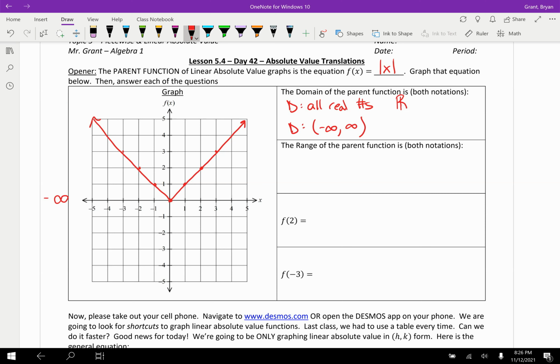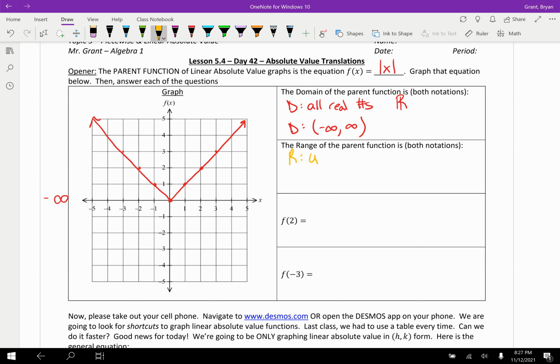Domain measures how wide the function is if you look at it from a graphical perspective. However, the range really measures the height of our function, and this function does have a limiting height. Well, maybe not a height because it does go up forever, but it has a limiting floor. The lowest it gets to, let's see, this is 2, 1, 0. Looks like the lowest it gets is a y value of 0. And so you could describe the y values in two different ways.